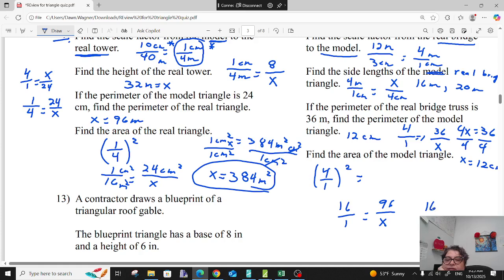So it'd be 16x equals 96, and you divide by 16. So what's x? What's 96 divided by 16? 6. And that'd be cm squared.